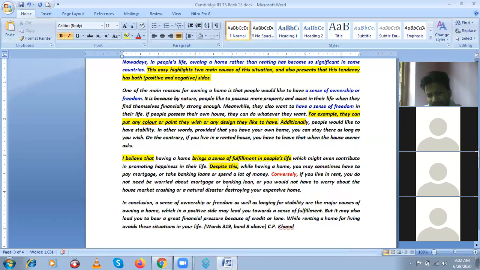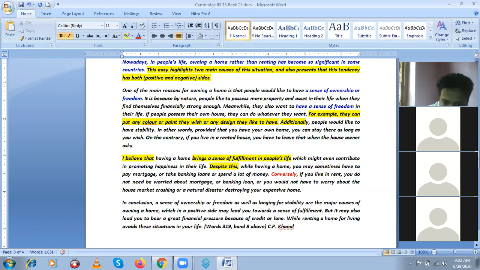Conversely, if you live in a rent, you do not need to be worried about mortgage or banking loan, or you would not have to worry about the house market crashing or a natural disaster destroying your expensive home.